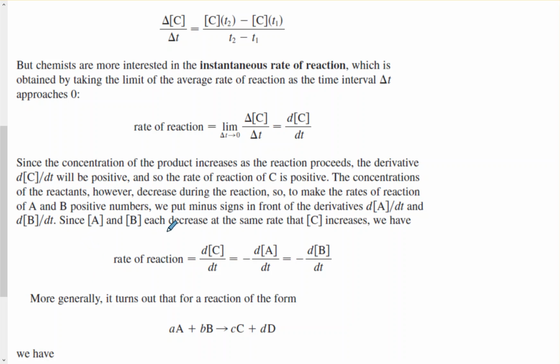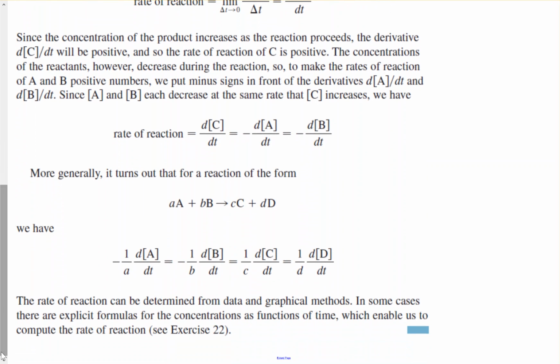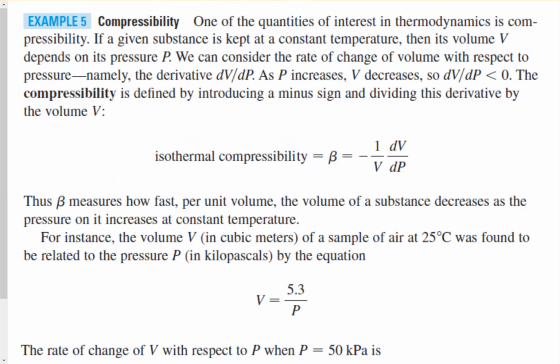Since A and B each decrease at the same rate that C increases, we have this relationship. More generally, it turns out that for a reaction of this form, we have this relationship. So there's a chemical example.